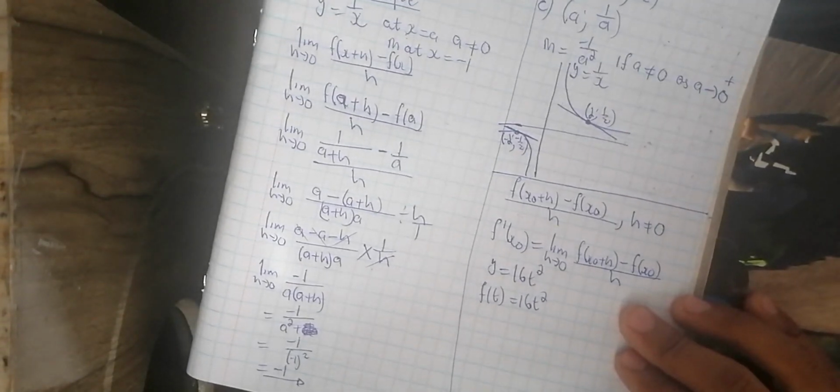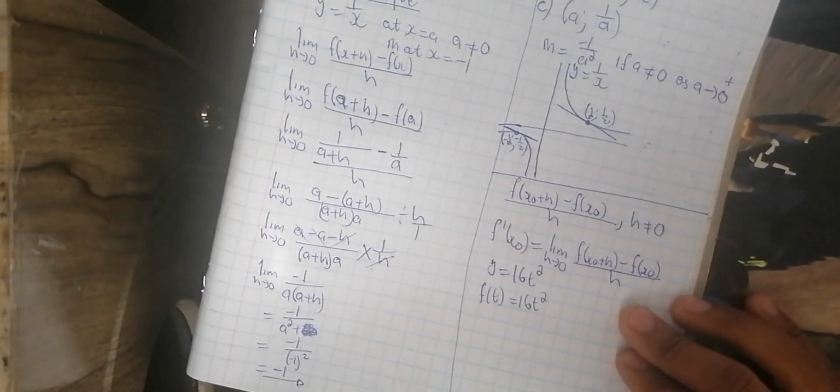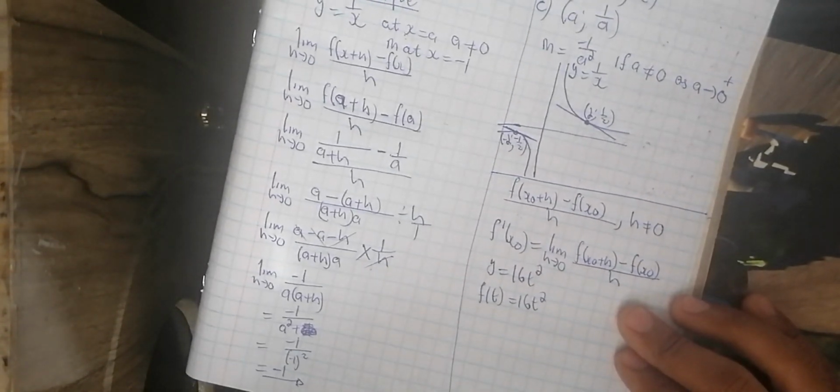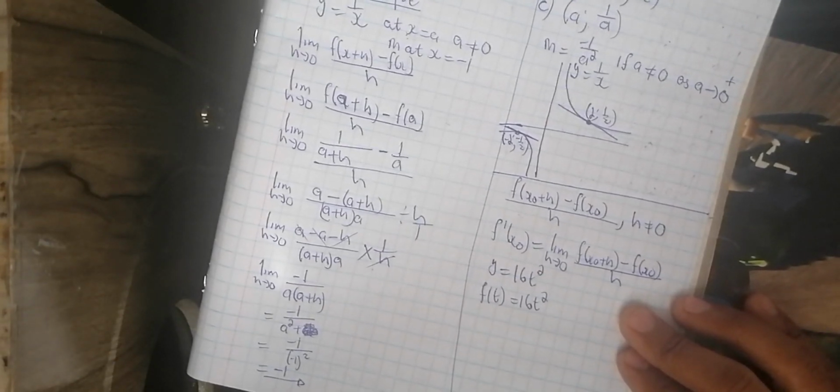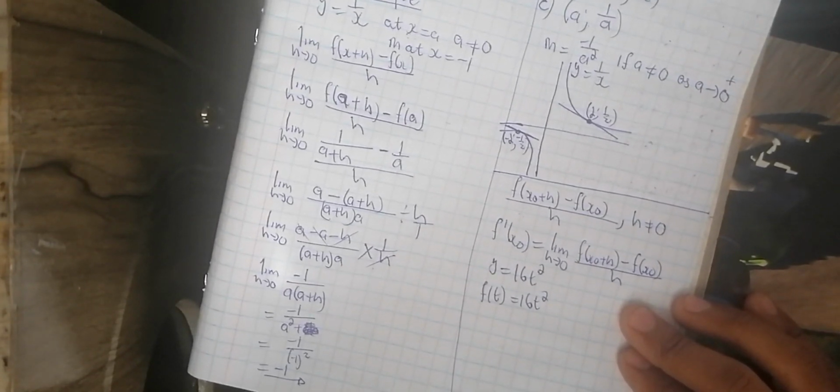Now, one most important thing, remember they said what was the rock's exact speed at exactly t equals 1. So I'm going to say the average speed of the rock over the interval between t1 and t1 plus h seconds, where remember this h is just a minimum increment of t.